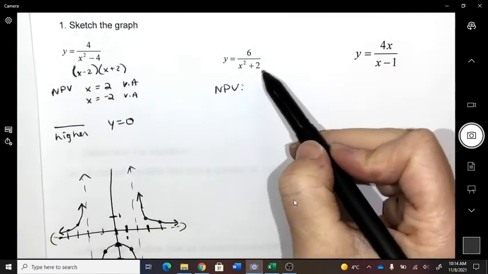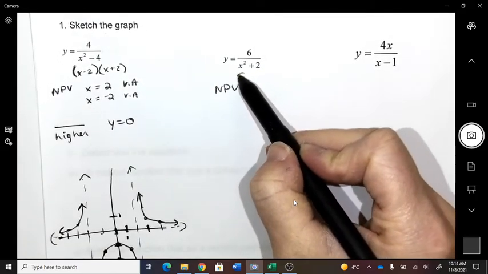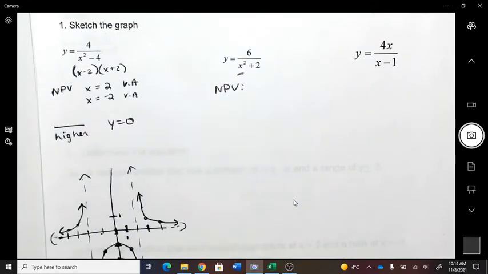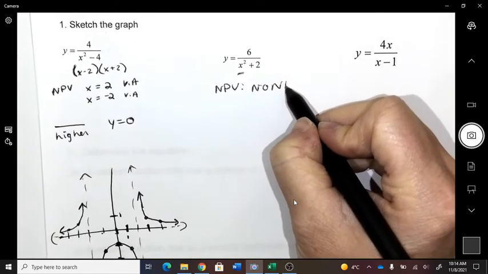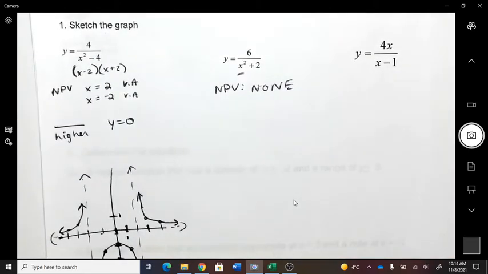If I want the bottom to be 0, X squared would have to be a -2. Does that work? No. So there's actually no non-permissible values. Everything works. Okay? Because no matter what you square is positive, plus 2 is still positive. That's not going to ever be 0.